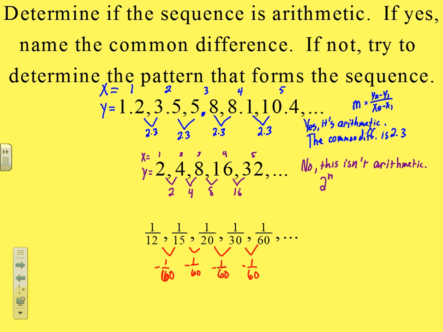So yes, this one also is arithmetic, and the common difference is negative 1 over 60. So that is the first thing that we're going to be doing.